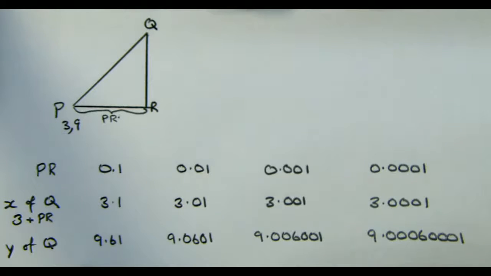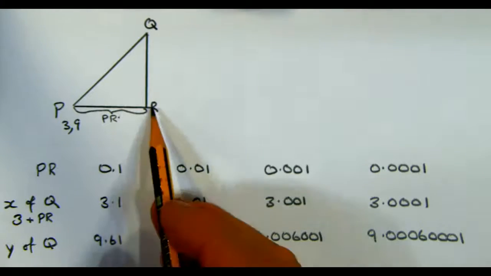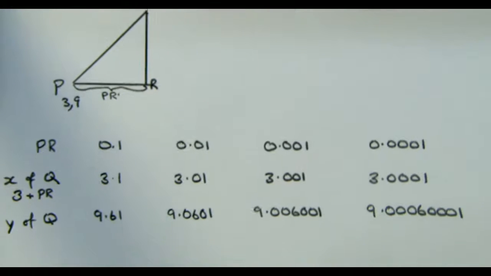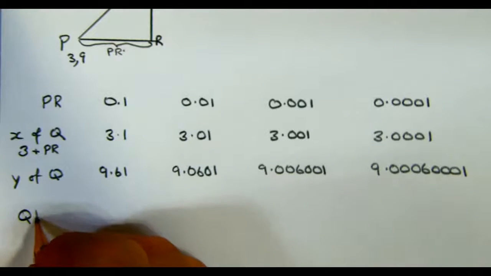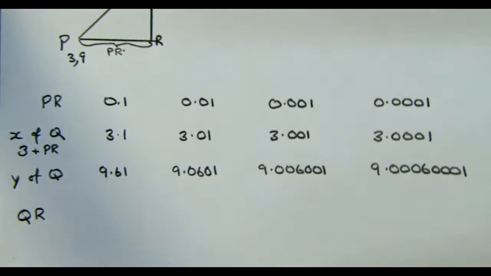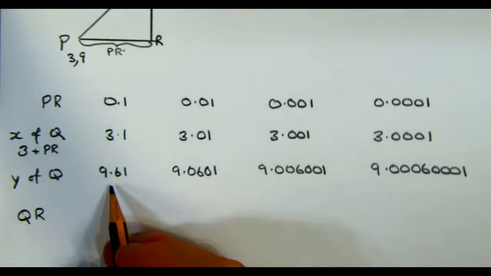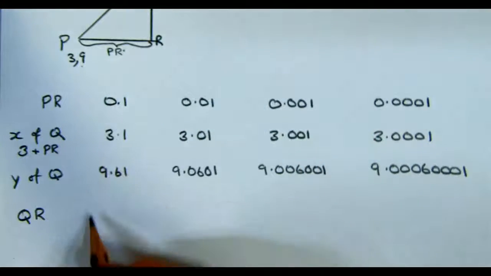So what is the change in y for each of these values of QR? Let's see what QR is going to be. Well, QR is going to be the 9 there minus each of these.